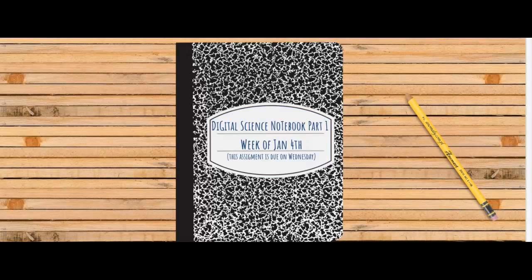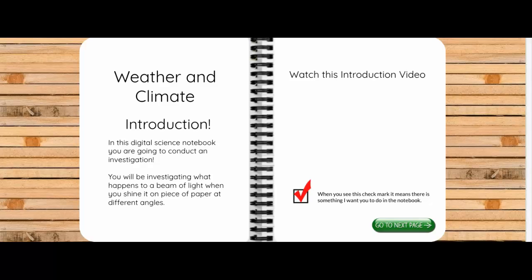Alright, so let's take a look at what you will be doing in this assignment. Remember, we are starting our weather and climate unit. In this Digital Science Notebook, you are going to conduct an investigation. You will be investigating what happens to a beam of light when you shine it on a piece of paper at different angles.